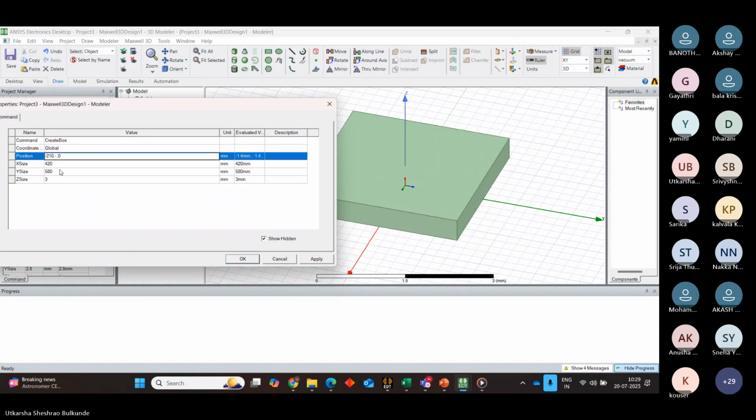minus... Can any one of you tell me what will come here? 290.